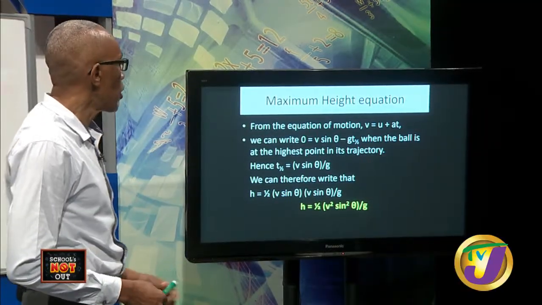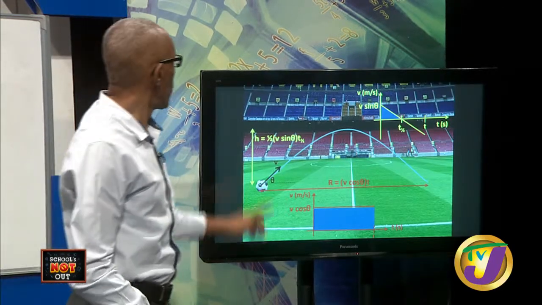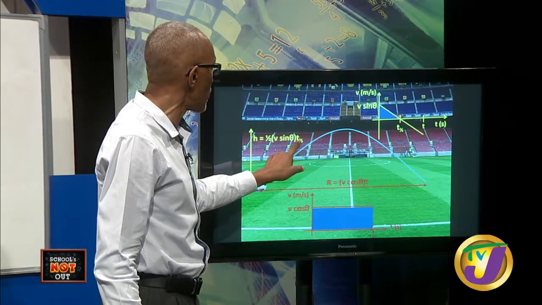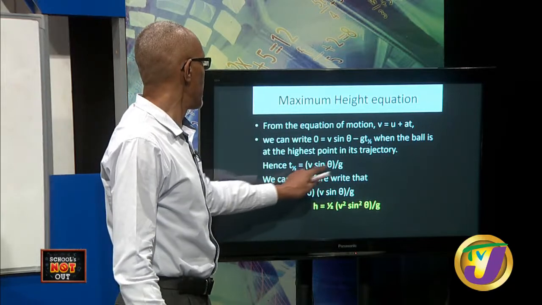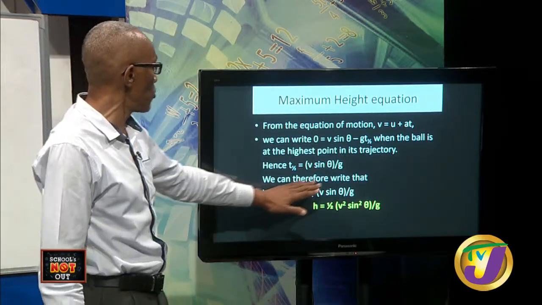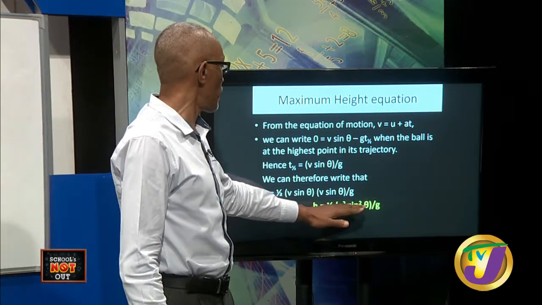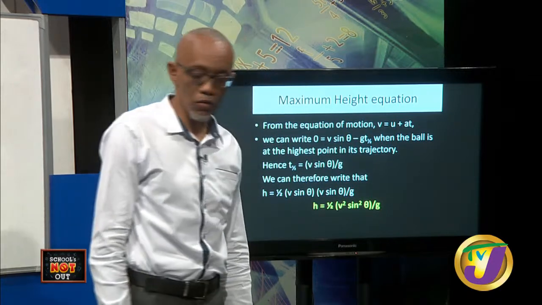But let me go back to the last slide. Remember, we had that h is equal to half v sine theta t half, and we worked out that t half is v sine theta over g. And so when we make the substitution, we end up with h is equal to half v squared sine squared theta over g.